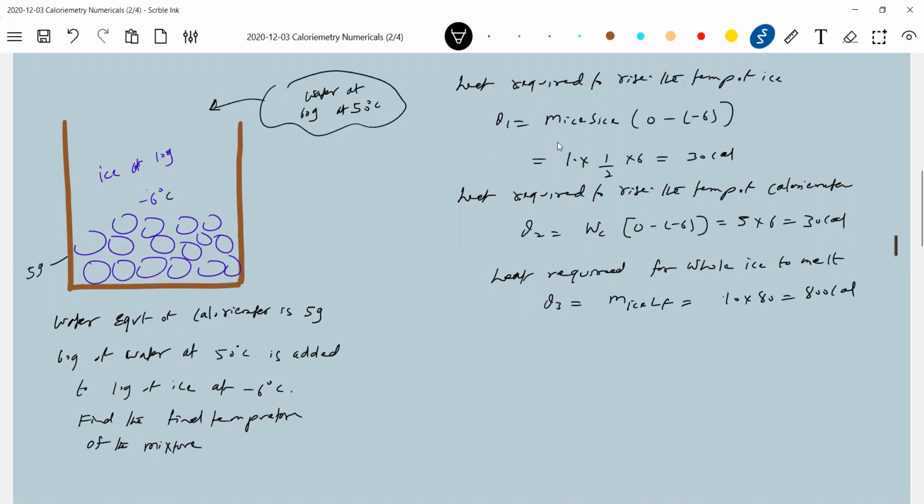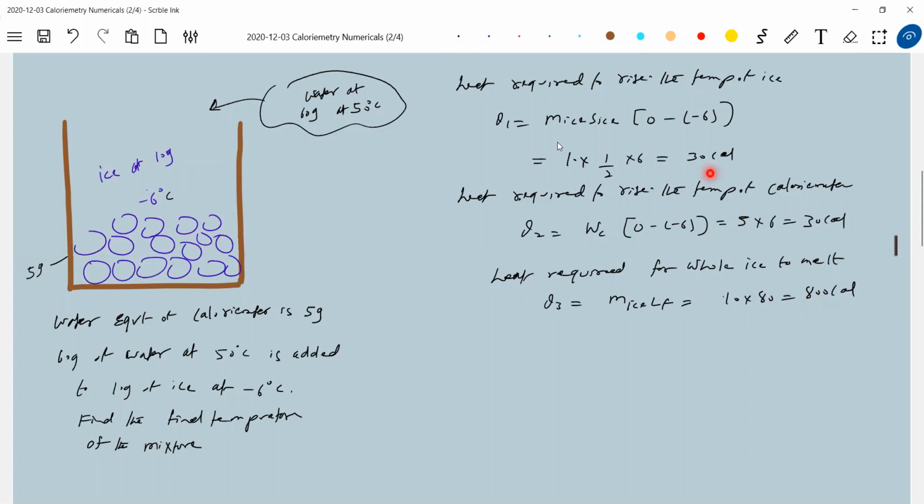Now, how much should the temperature of water decrease for this to happen? If the temperature of water goes from 50 to 0, how much heat is available? 3000 calories. But how much is needed for just this to happen? 860 calories.